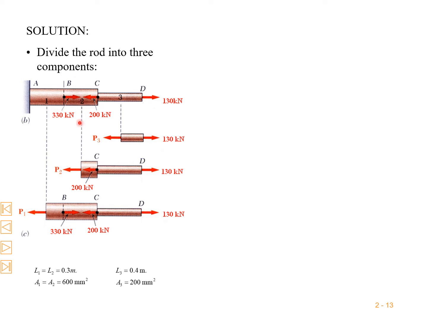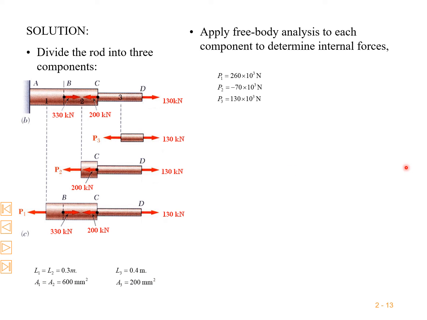If I take a cross-section here, what will happen? 130 like this, and 200 is like this. So we will get P2. If I take a cross-section here, 130, 200, 300, and 330. L1, L2, L3, A1, A2, A3.